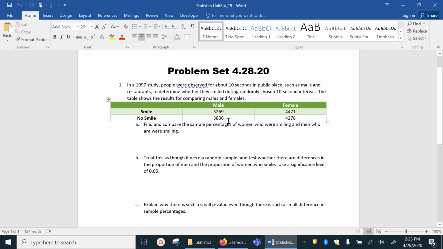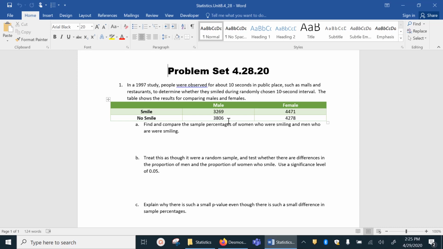So, what I'm going to do is write down these numbers so that I can put them into my calculator. I'm going to take 3269 over 3269 plus 3806. That's the men.